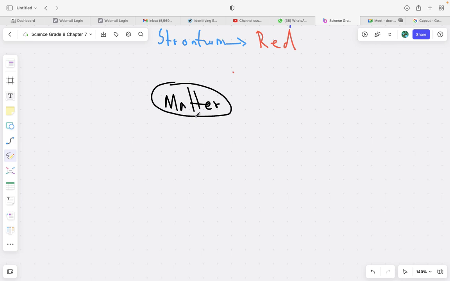Then this matter is divided into what we call mixture and what we call pure substance.